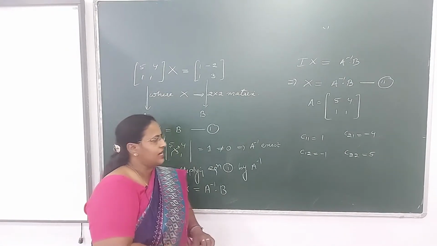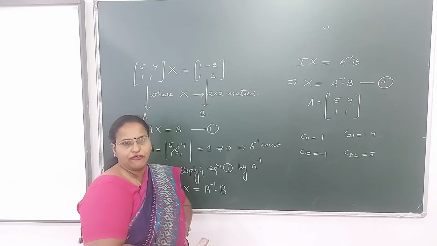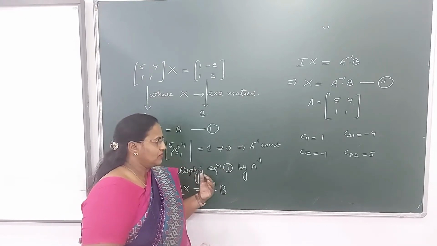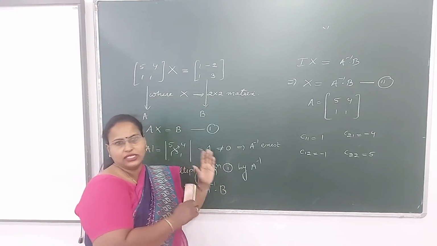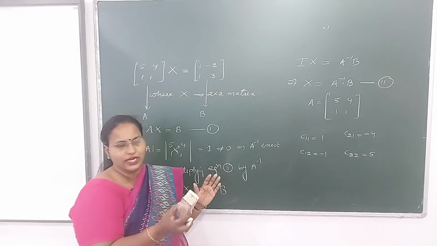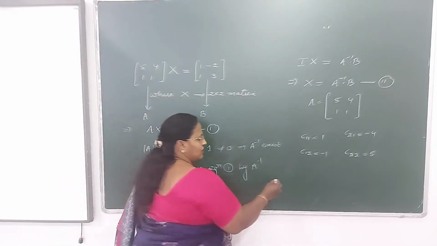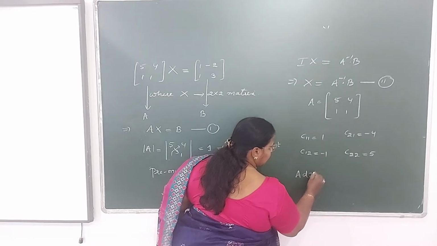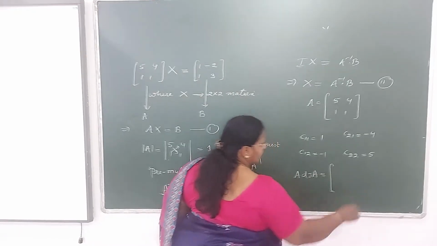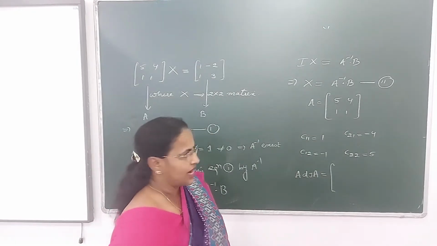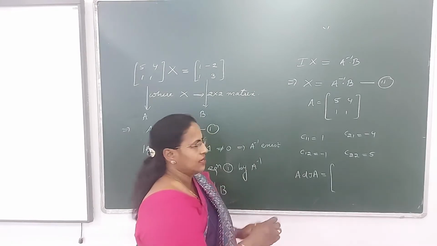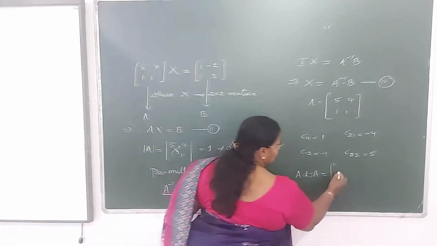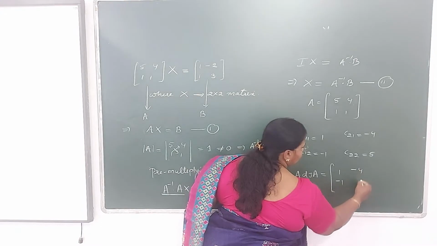I hope children you know the method of finding out cofactor. Already I have explained this in the earlier video. You can go through that. So now let us write down the adjoint of the given matrix. Adjoint of A is the transpose of the cofactor matrix, but we are skipping that step and I will write it down directly. So it's 1, minus 1, minus 4, 5.